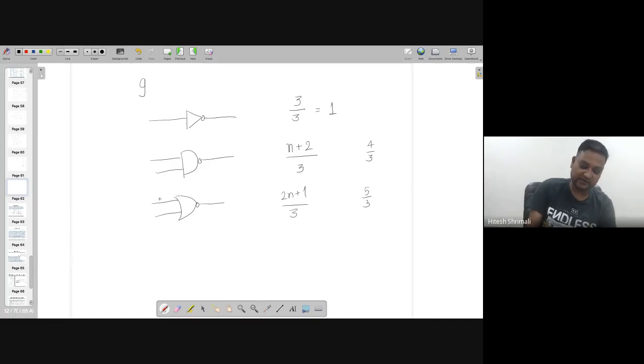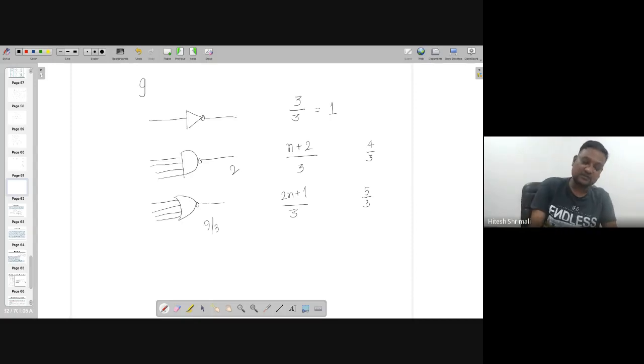Similarly, you can increase the number of inputs: for 4 inputs, the NAND will be 6 by 3, or equal to 2, and the NOR is going to be 9 by 3.